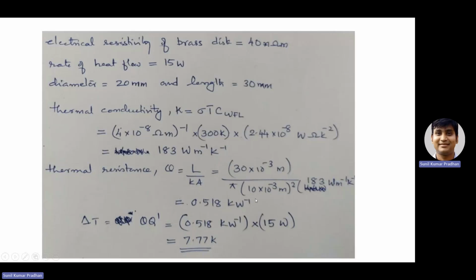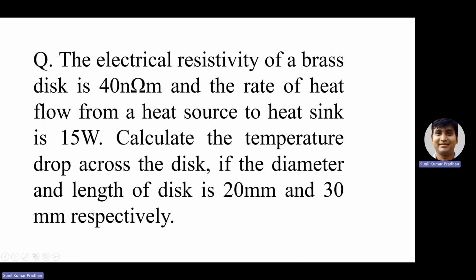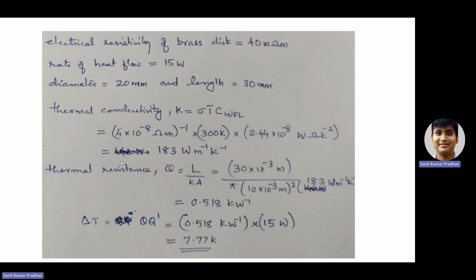So this thermal resistance into the rate of heat flow, if you multiply here, that gives rise to the temperature drop as per the question. The solution we get here is 7.77 Kelvin. So that is the temperature drop.